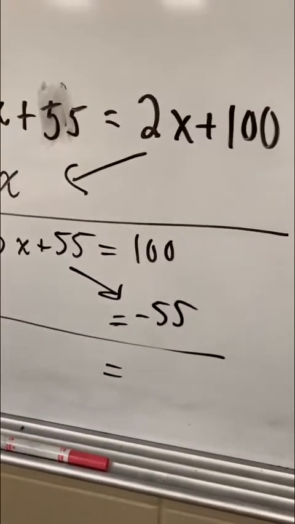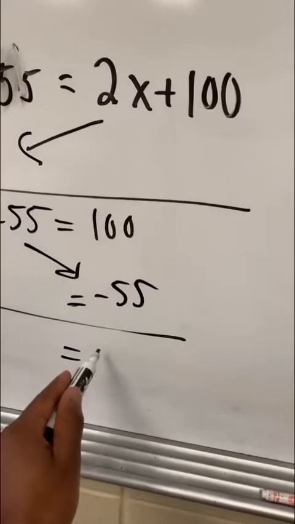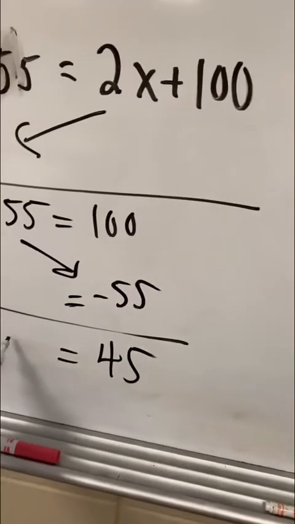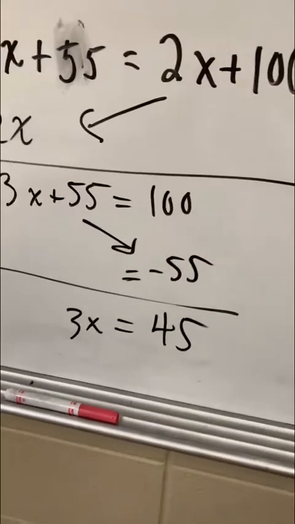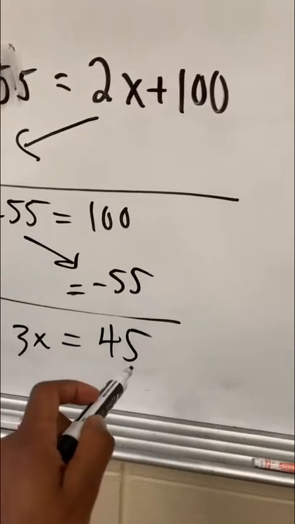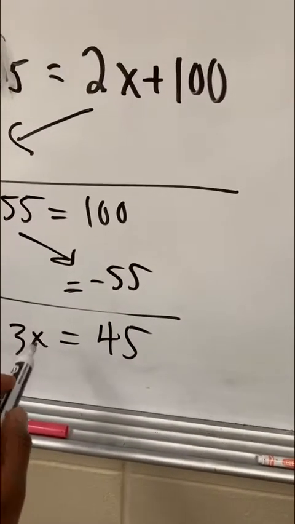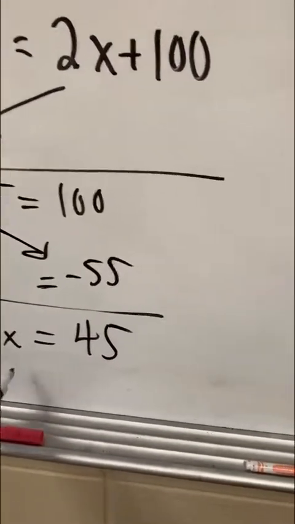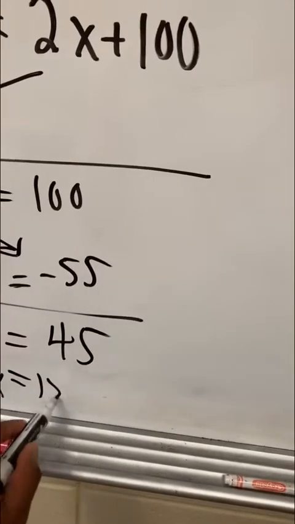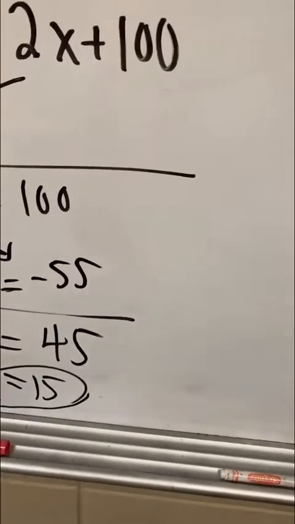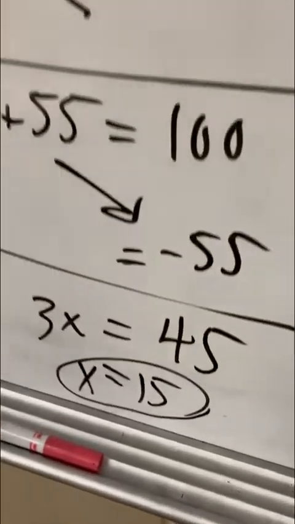And so if I subtract that, I end up getting 45. And 3x is equal to 45. Divide both sides by 3, then that means 3 times 15 is 45. So x has to be 15. Any questions there? So you got x is equal to 15.